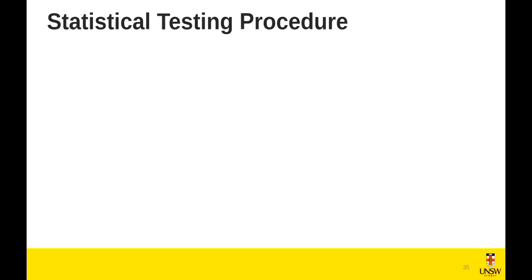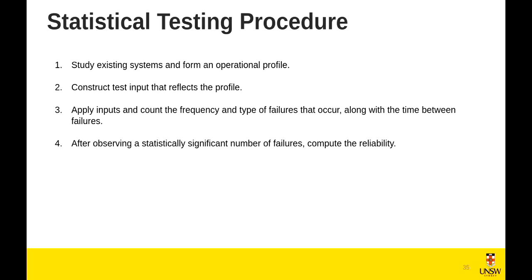And here are the key steps to do statistical testing. So the first one is that we need to study existing systems, or the current system we are testing, to form an operational profile.